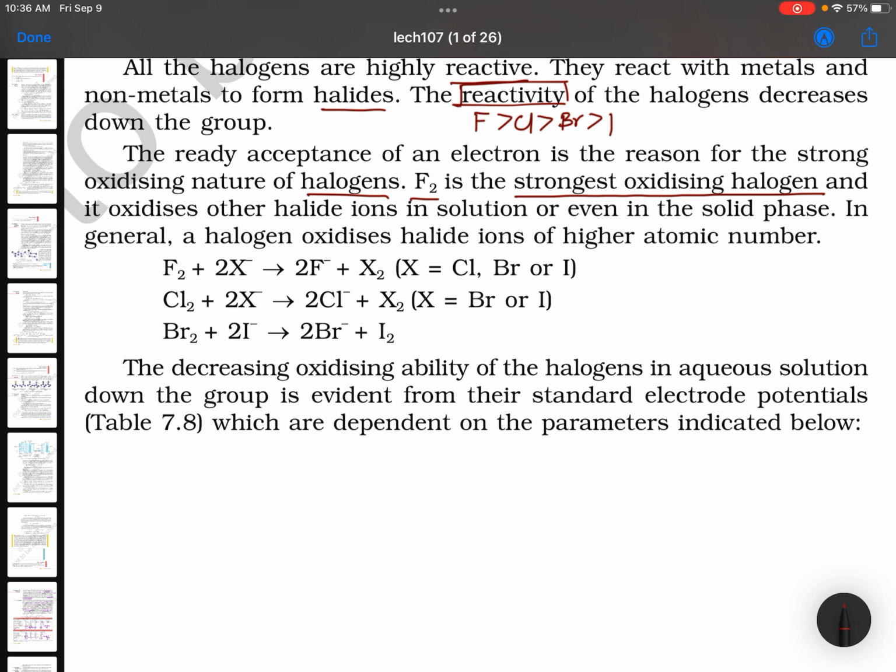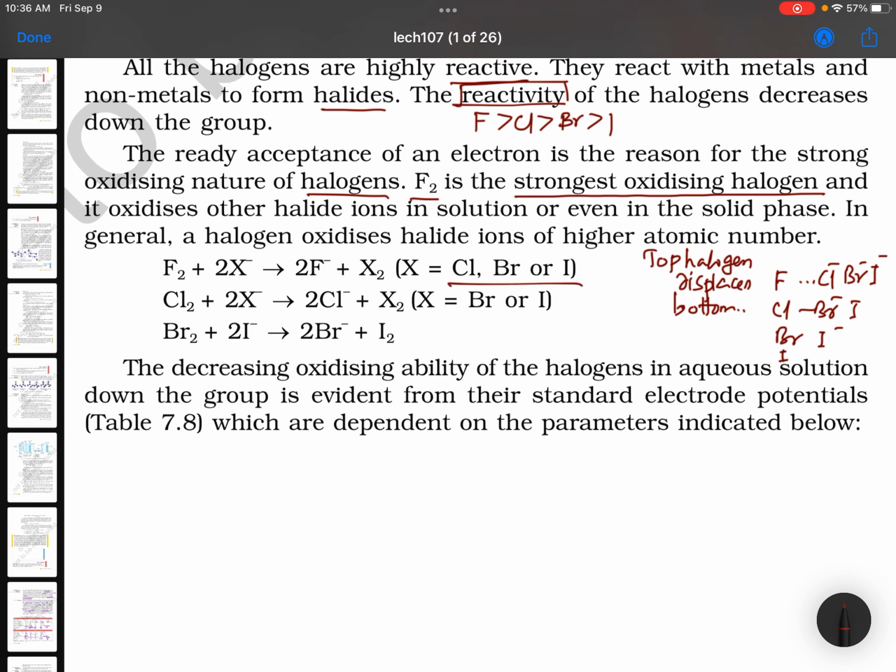Or simply, in other words, top halogen displaces bottom halogen. Top halogen displaces bottom halogen. That means fluorine can displace chlorides, bromides, and iodides. Chlorine can displace bromides and iodides. Bromine can displace iodides. Iodine cannot displace any.